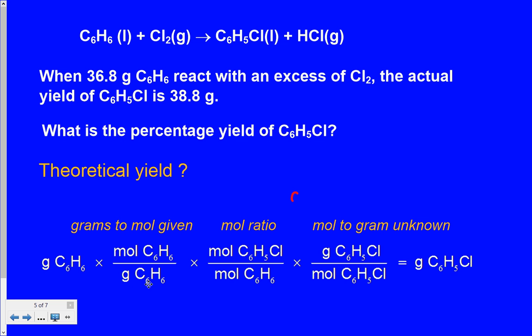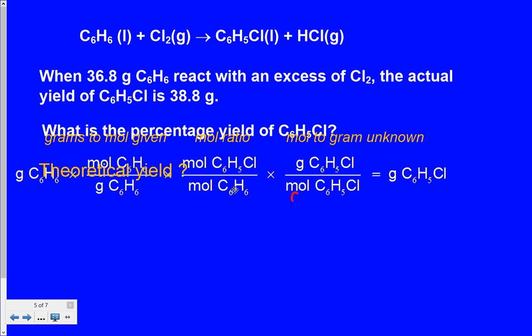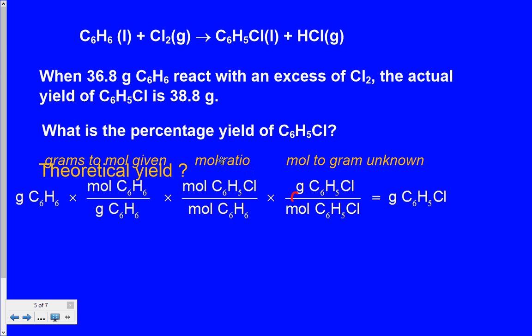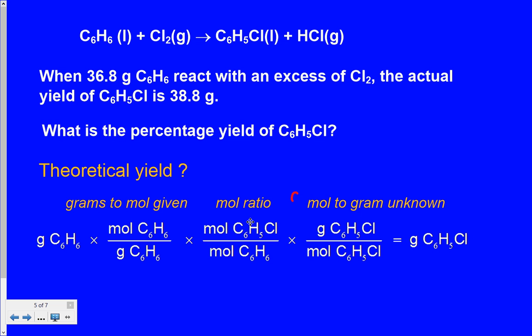So we have to figure out the atomic mass of C6H6, put that on the bottom, 1 mole on the top, and our molar ratio. In this equation, the molar ratio is just going to be 1 to 1 because all the subscripts are 1.